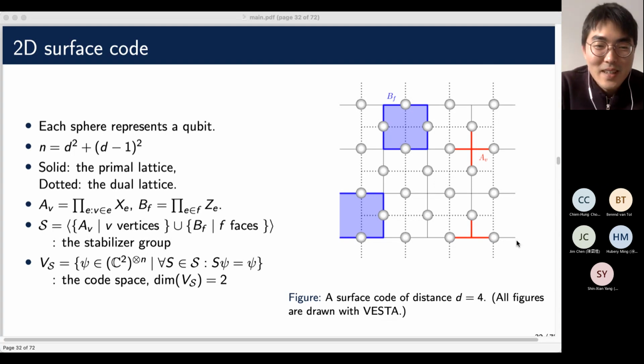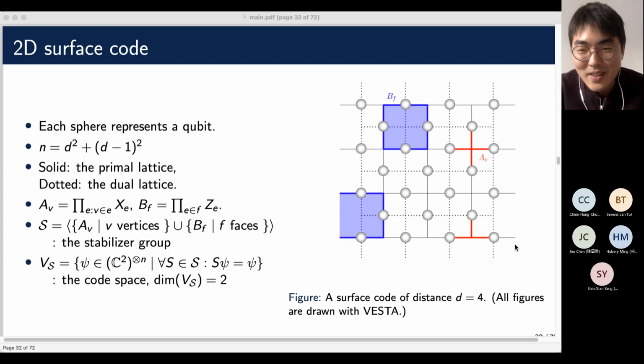I will denote the number of qubits by n, and here n is equal to d squared plus (d minus 1) squared, where d is called the distance of the code.